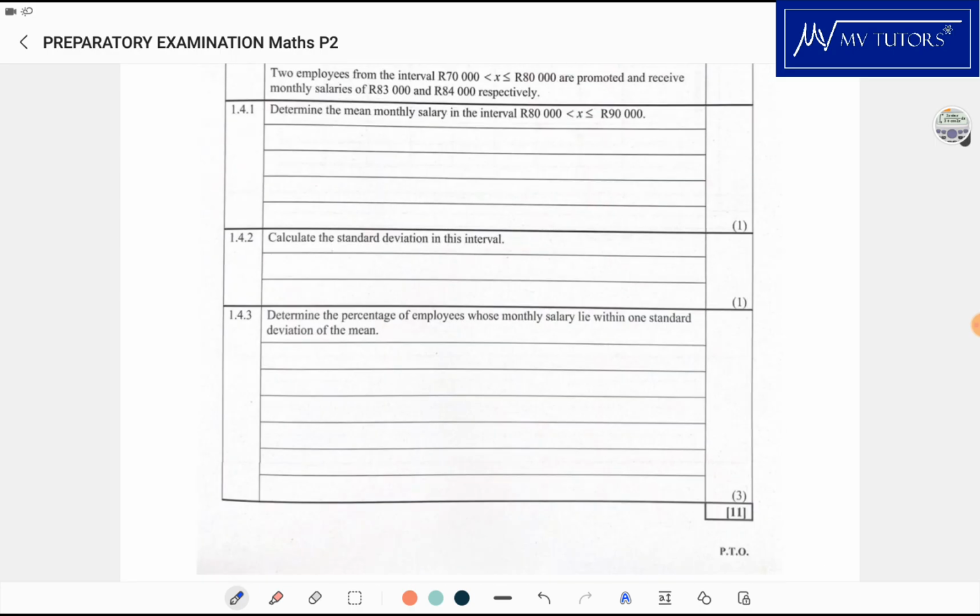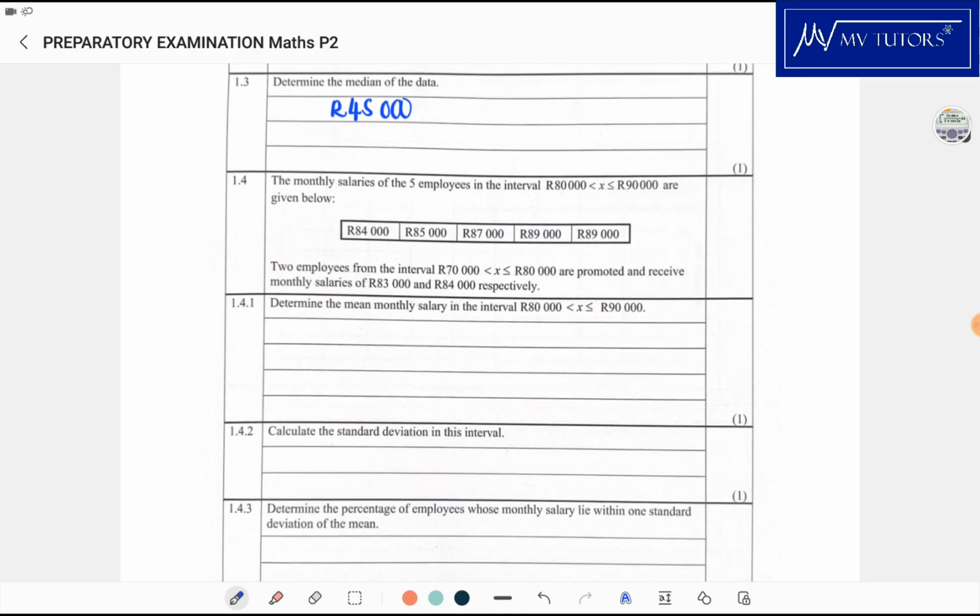Now determine the mean monthly salary in the interval between 80,000 and 90,000. We're literally going to take all these values. So this is 84 plus 85 plus 87 plus 89 plus 89.